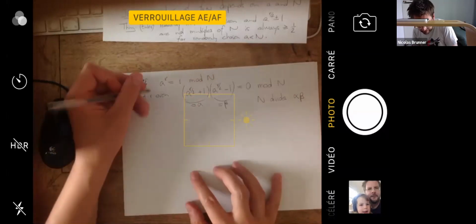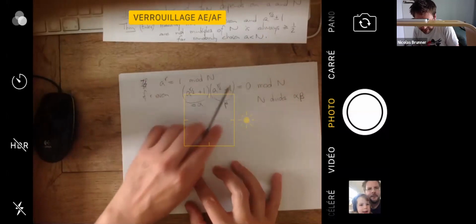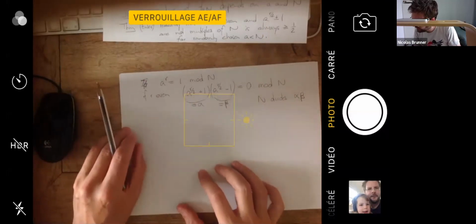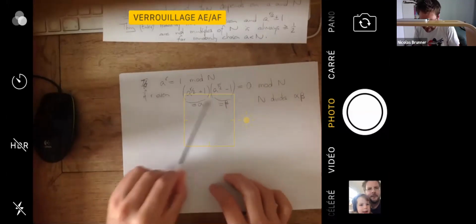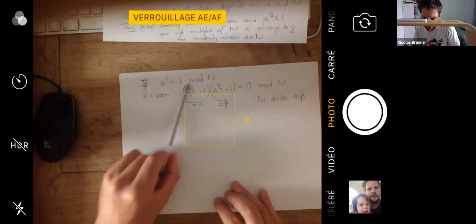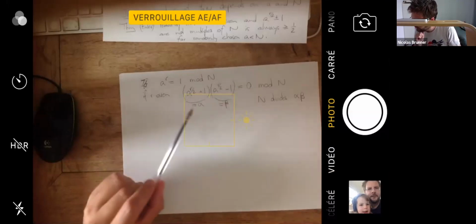And if I now have the second property, that neither alpha nor beta is a multiple of n, then I should learn something about the factors of n from alpha or beta.